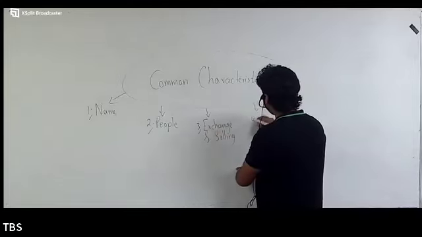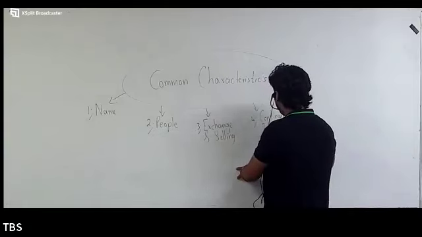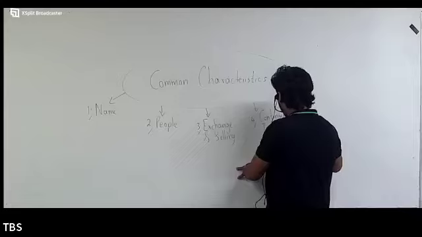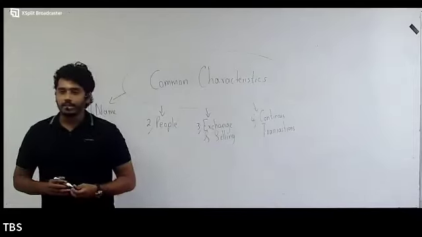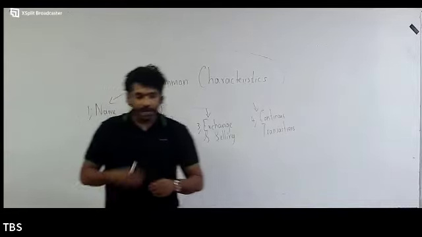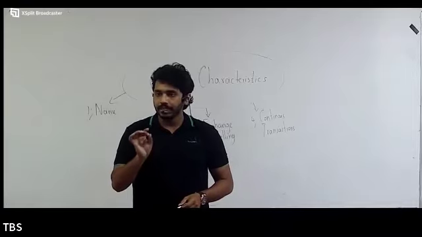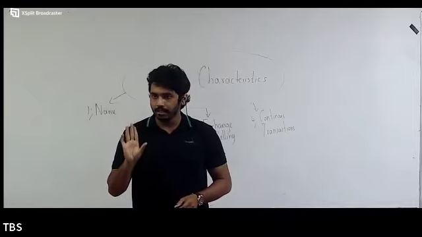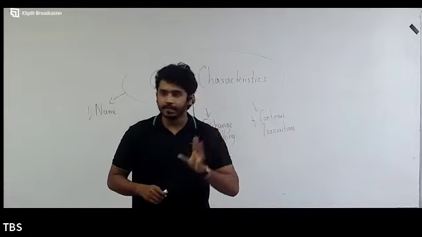Fourth one is something called continuous transactions. Example, I have a car. Let's say I bought it for 10 million and I sell it for 15 million.